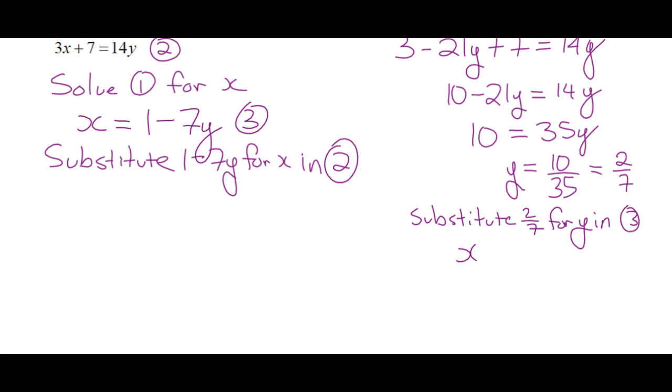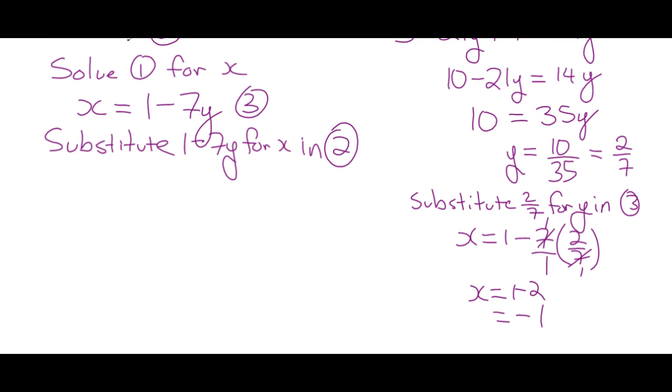Okay, so x is equal to 1 minus 7 times 2 over 7. Let's write the 7 as 7 over 1, makes things look nice and fractional. So that's it. And we've got x is equal to 1 minus 2, which is negative 1. And so we have a solution which is negative 1 and 2/7, and it's an ordered pair.